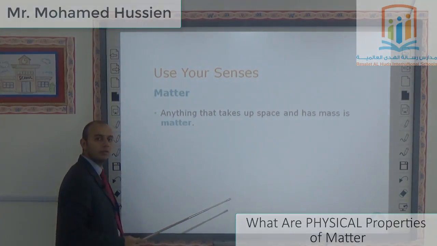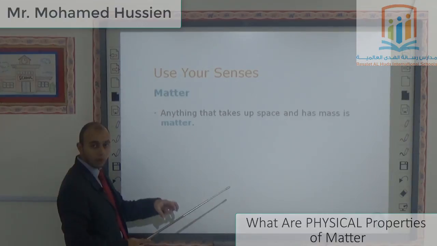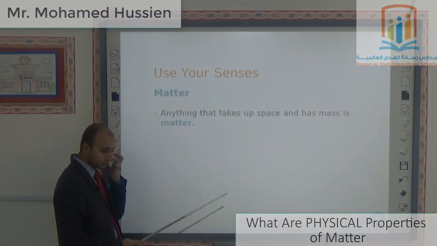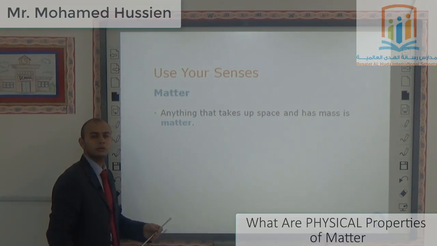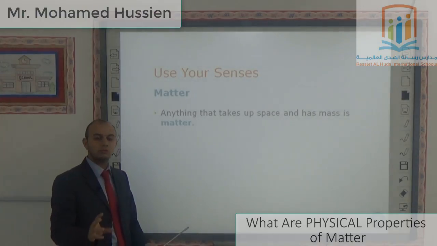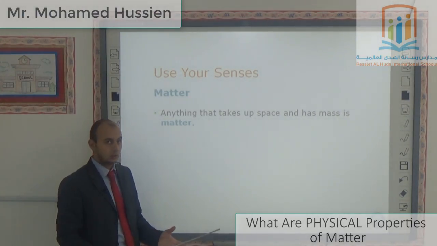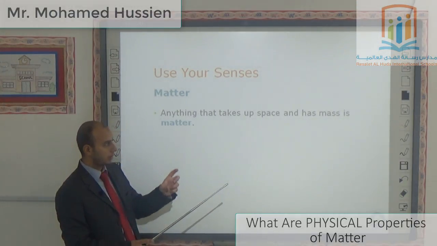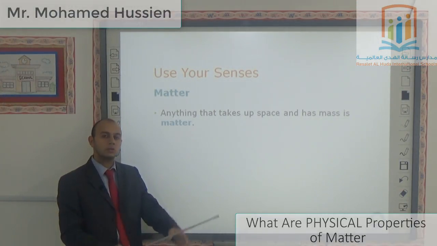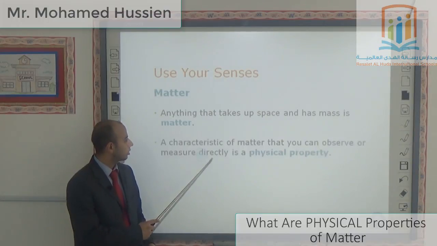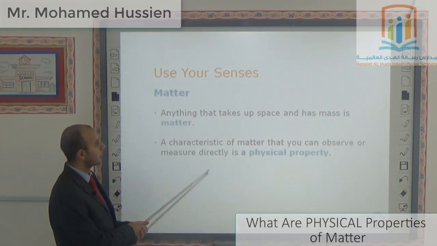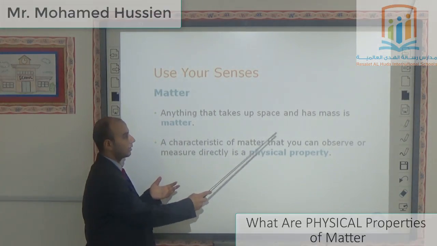Volume means the space that an object occupies. For example, 1 liter of water is the amount of water that takes space inside the bottle, right? So this is the volume, the amount that an object takes inside this container, okay? So this is the matter, mass and volume.